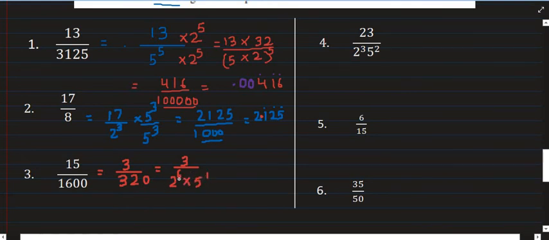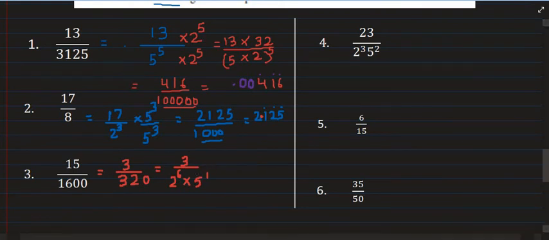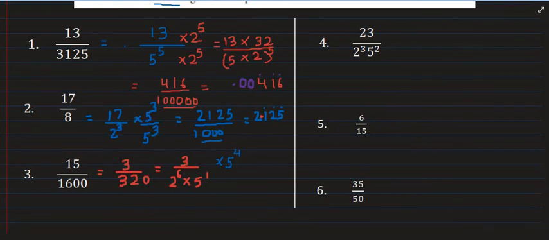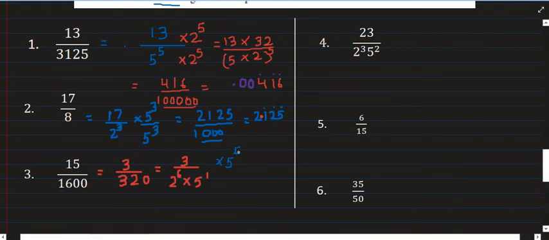We have to make the powers of 2 and 5 the same, so we will multiply and divide by 5 raised to the power 5. Once we simplify it, we will get 9375 by 10 raised to the power 6, and it will be 0.009375.